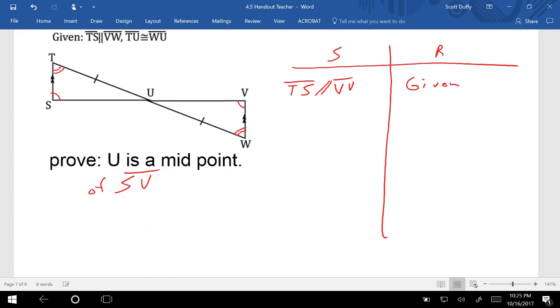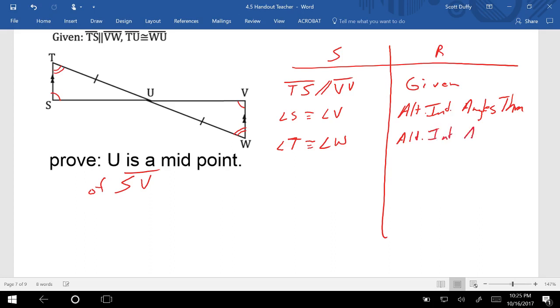So I can say that angle S is congruent to angle V because they are alternate interior angles theorem. And then I can say that angle T is congruent to angle W because that's also alternate interior angles theorem. And then the last thing that's given that I didn't write down yet is TU equals WU.